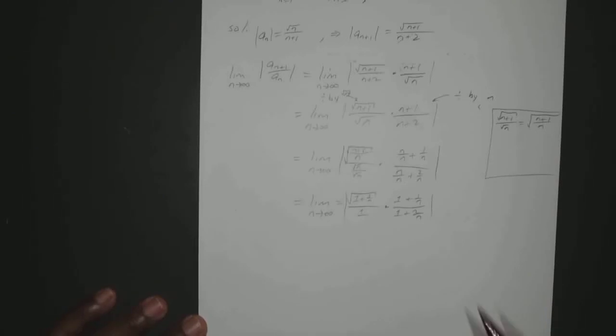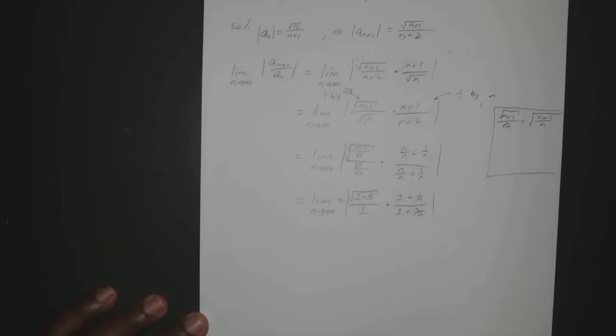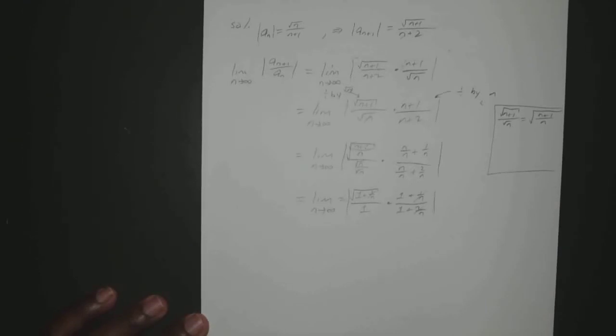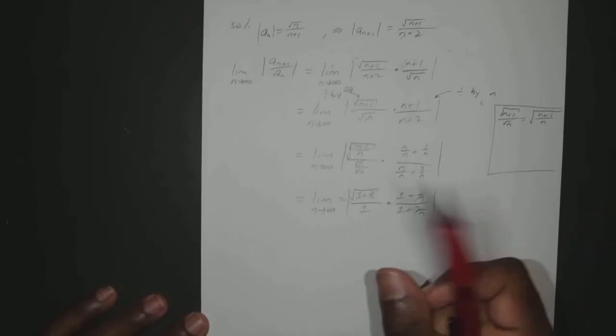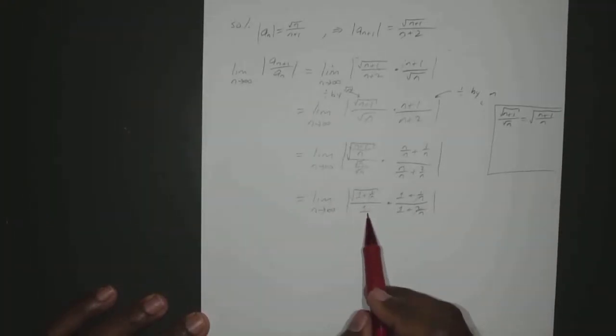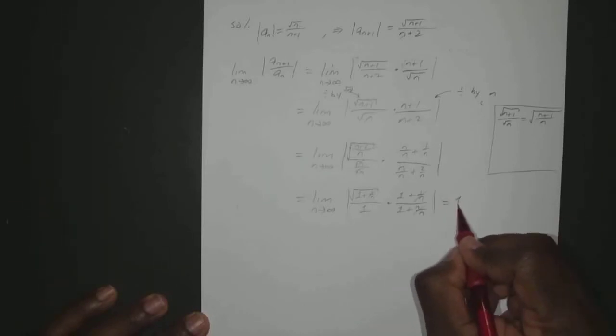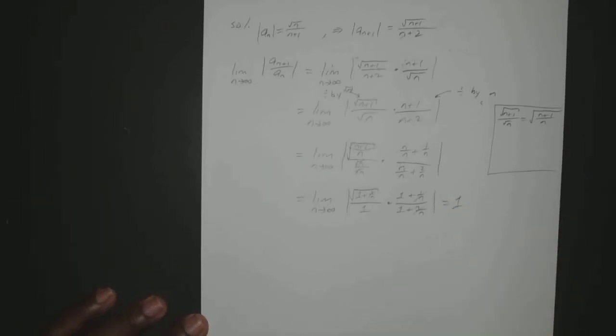Okay. So as n approaches infinity, those terms become 0. So in this case, you have the limit of square root of 1 over 1, which is 1, times 1, so it's going to equal 1. Okay. So whenever it's equal to 1, it's inconclusive, and you have to use another test.